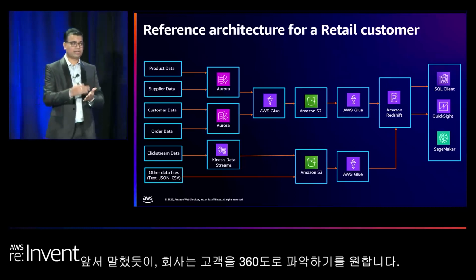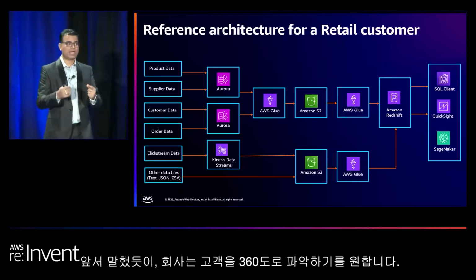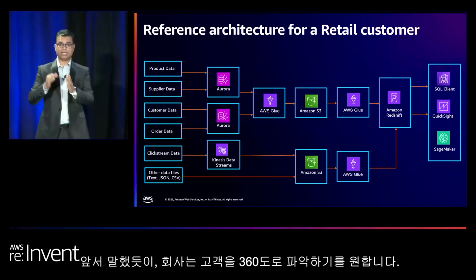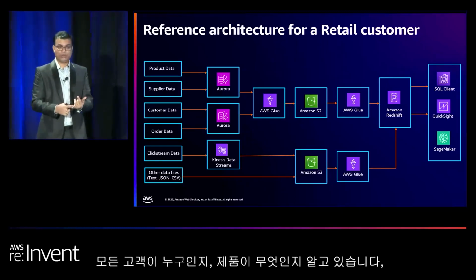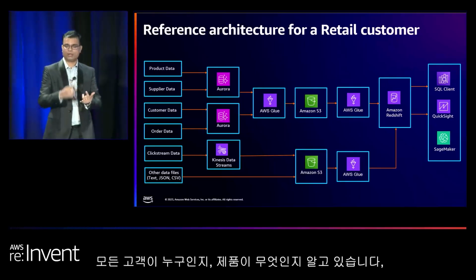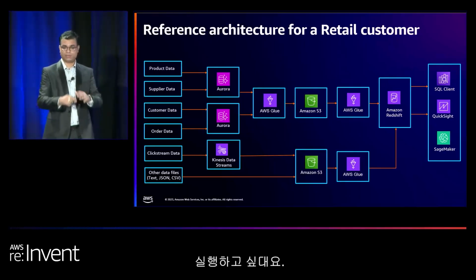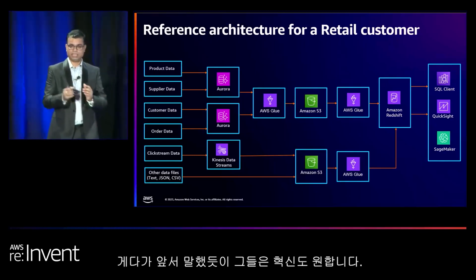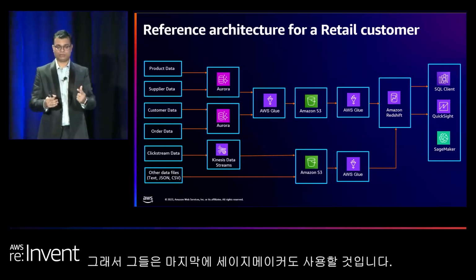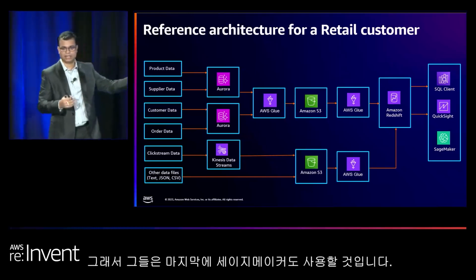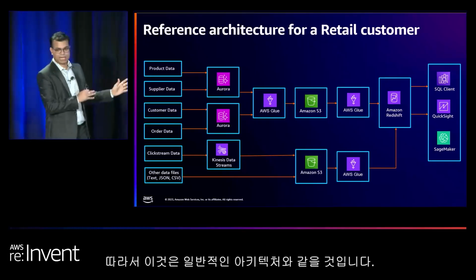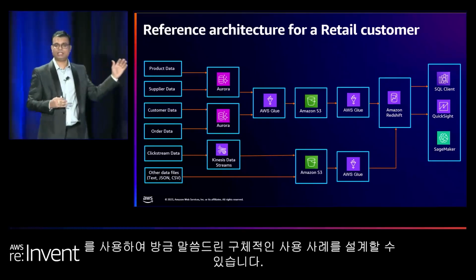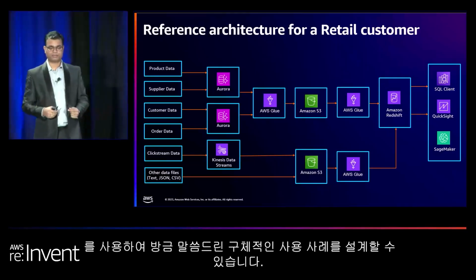As I said, the company wants a customer 360-degree view of all the data so that they know who all their customers are, the products, the inventory, all these things. Plus, as I said, they want to innovate also, so they will also use SageMaker at the end. So this will be the typical architecture to design the specific use case I just talked about.